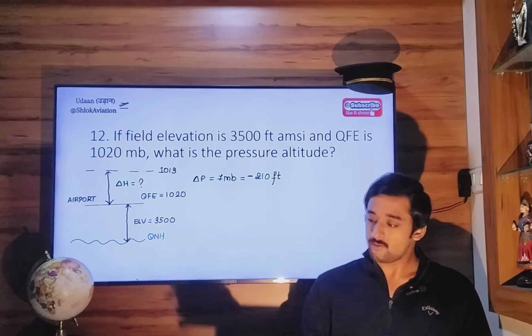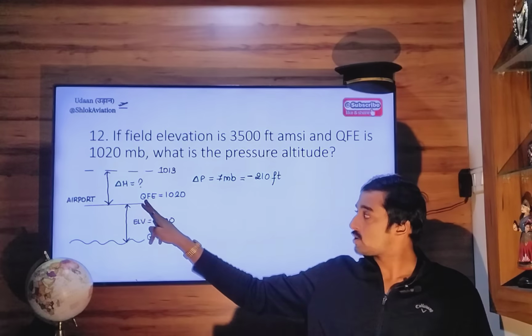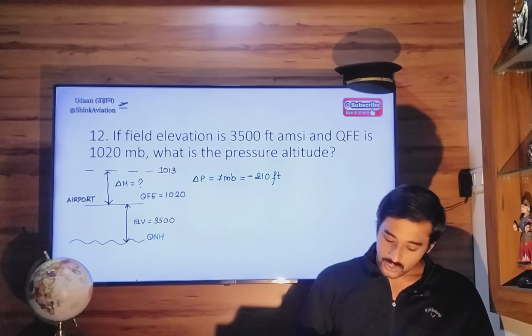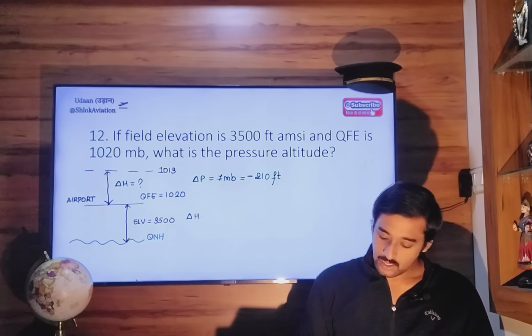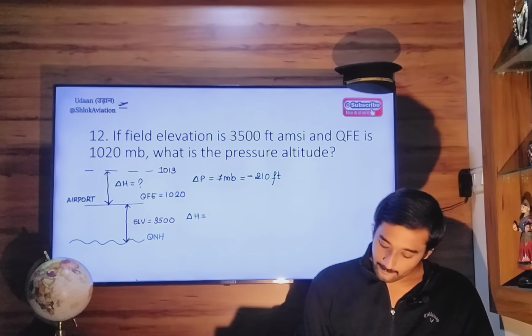So let's check it again. Field elevation 3500 and QFE 1020. Fine. So what is QNH? Let's find QNH also. So here the height difference between two pressure levels is 3500, right?